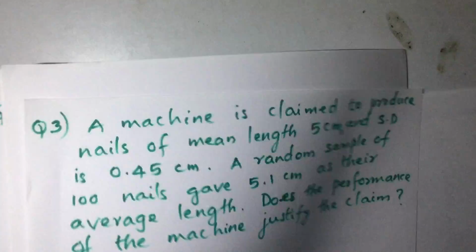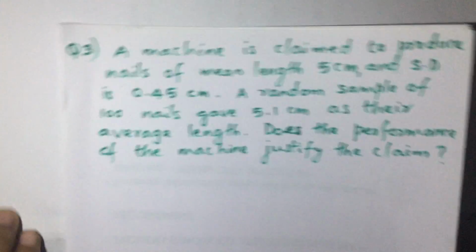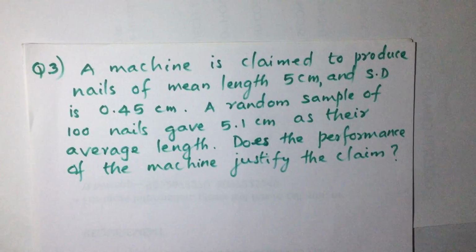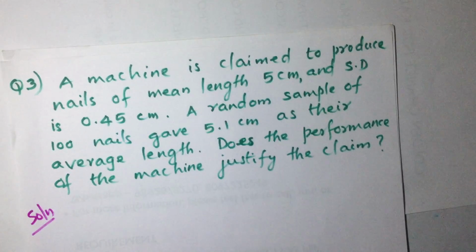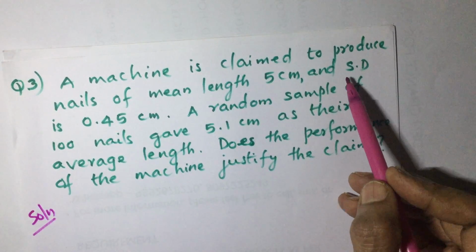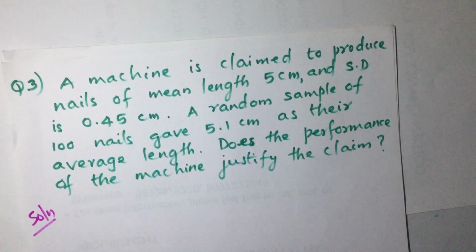Third question is, a machine is claimed to produce nails of mean length 5 cm and standard deviation 0.45. A random sample of 100 nails gave 5.1 as their average length.